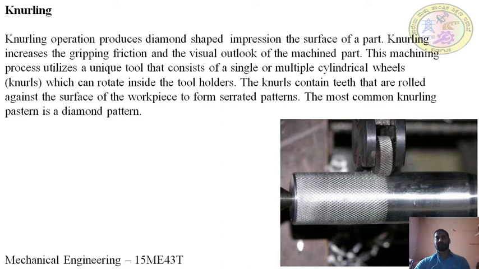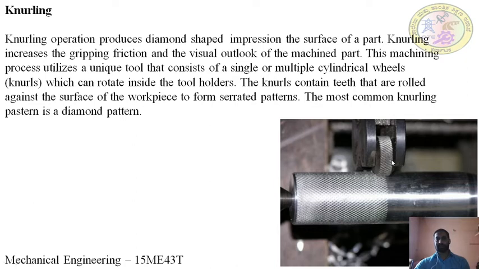The purpose of the knurling operation is to provide a good gripping surface for holding and to give a good look also. This knurling operation is performed by a special wheel known as a knurl.